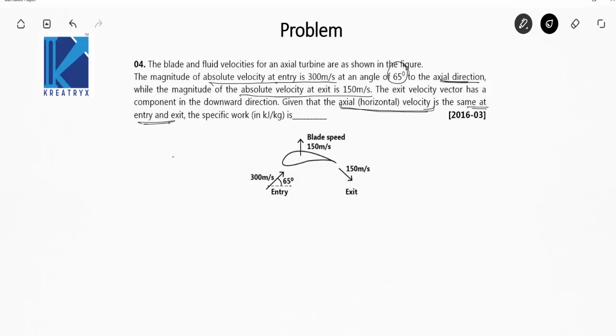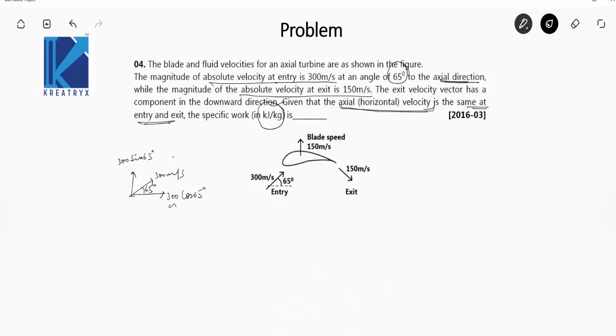The exit velocity vector has a component in the downward direction, given that the axial velocity is the same. Okay, the axial velocity, that is the horizontal velocity, is the same at entry and exit. We have to find the specific work, but this time the units in which you have to put the answer is kilojoule per kilogram. Okay, so let's take the components of the velocity at inlet, that is 300 meter per second. This is 65 degrees, so this will be 300 cos 65 degree, and this will be 300 sin 65 degree.